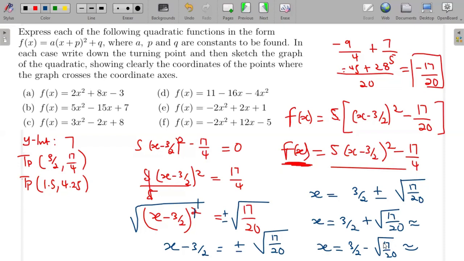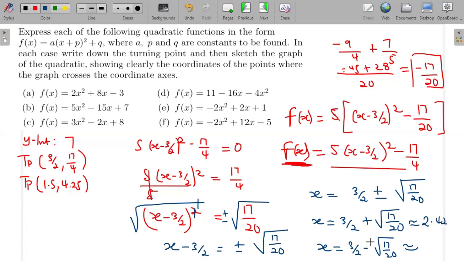So we're going to say 3 divided by 2 plus root of 17 divided by 20. Okay, my calculator is giving me an approximate value here of 2.42.